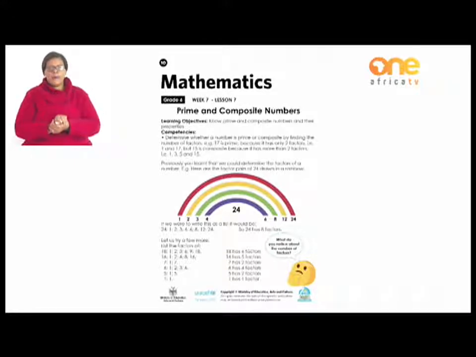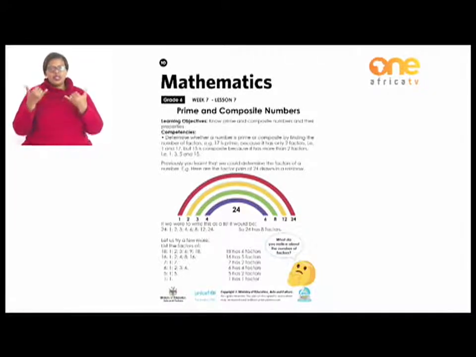Then we have 3 and 8, which multiply to give 24. And lastly, we have 4 and 6, which are also factor pairs of 24. So the numbers 1, 2, 3, 4, 6, 8, 12, and 24 are factors of 24.